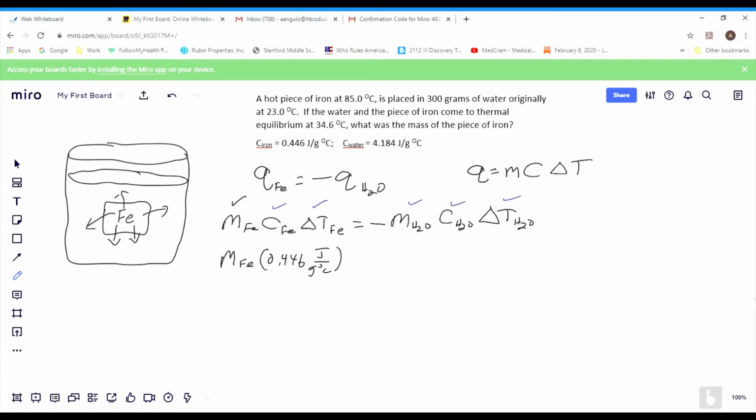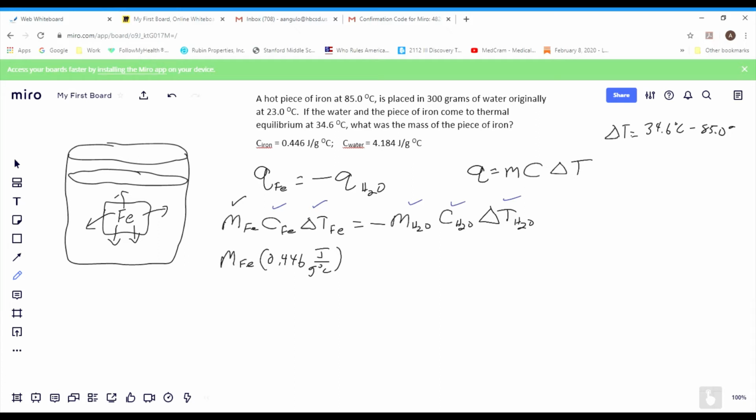The delta T of the iron, let's do the calculation up here. Not exactly sure how this board works, so I'm going to try not to have to scroll. The iron went from 85 degrees Celsius to 34.6 degrees Celsius. So I'm going to take the 34.6 degrees Celsius and subtract the 85.0.